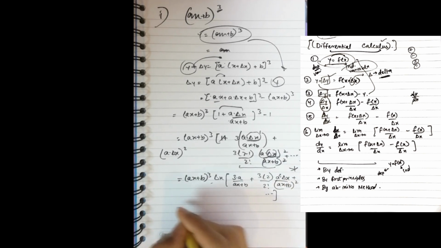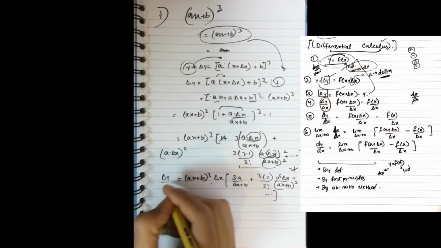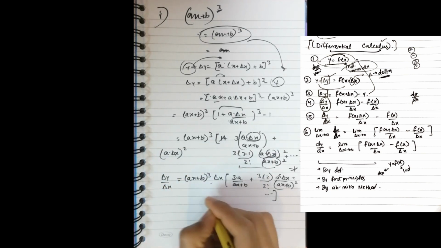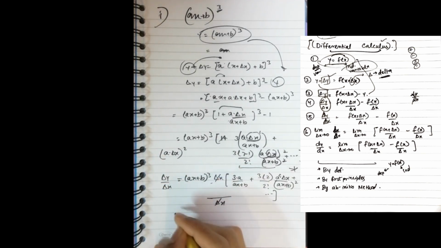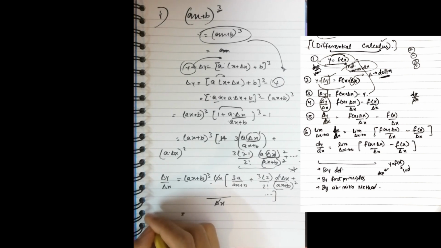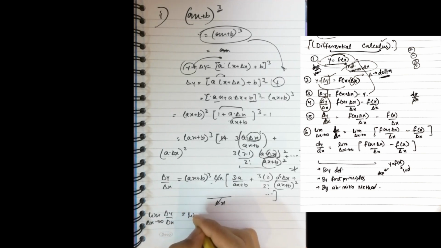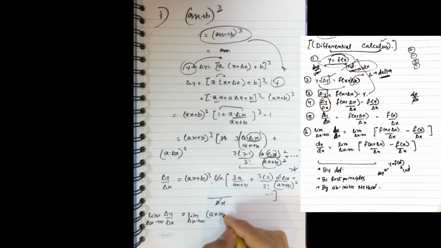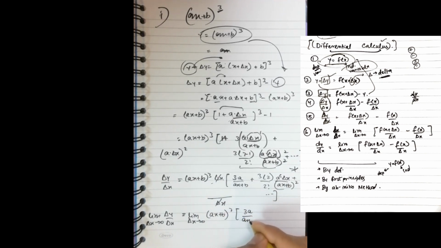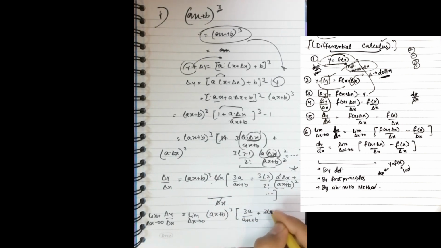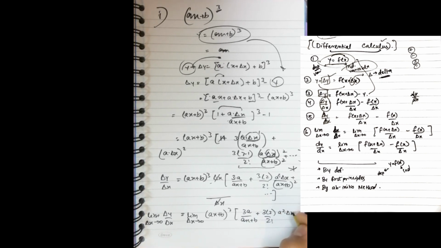Now we are going to move towards the fifth step, which is the second last step of solving this question: you have to take out Δx common. Now we apply the limit as Δx approaches 0 to Δy divided by Δx, and also over here the limit as Δx approaches 0.